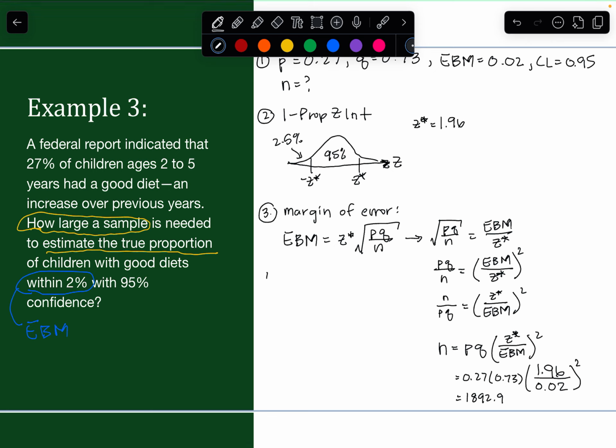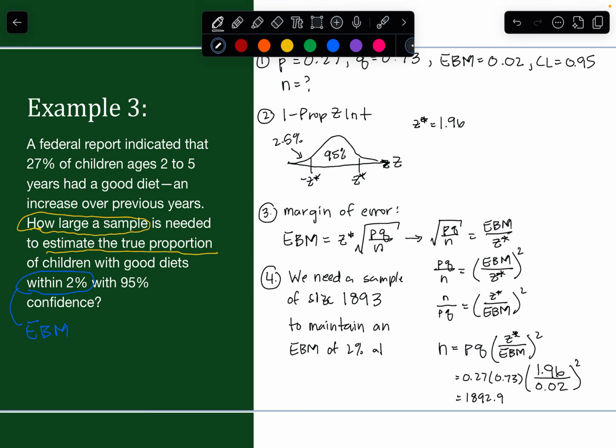So for step 4, we need a sample of size 1,893, and I round it up, to maintain an EBM of 2% at 95% confidence.